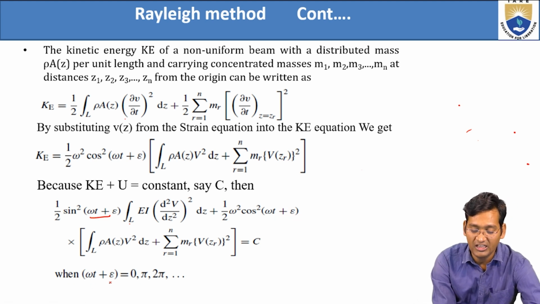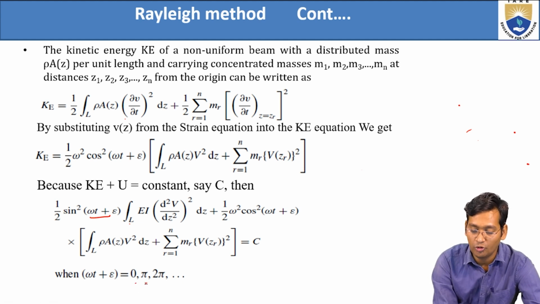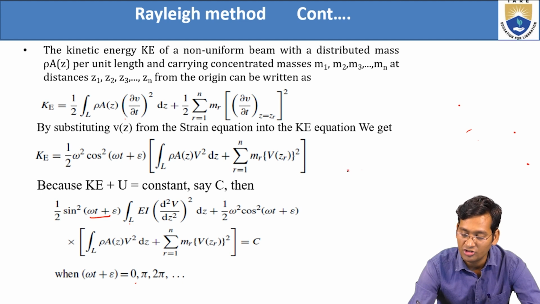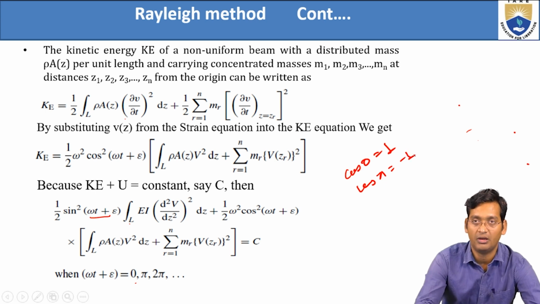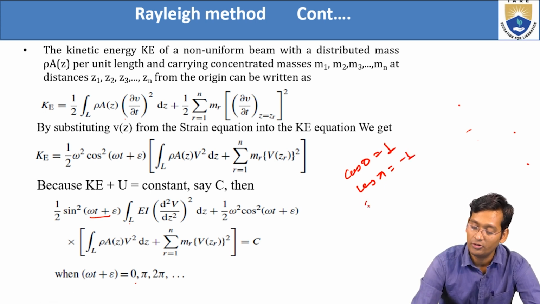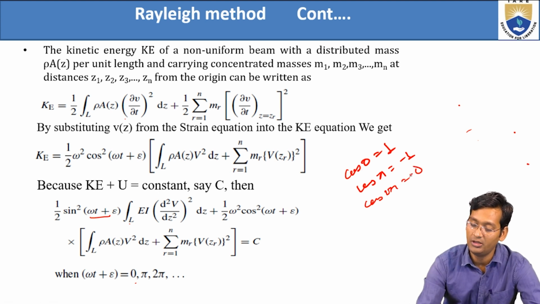So when ωt + ε is 0, π, 2π, meaning multiples of π. So when 0, π, 2π, what is cos 0? Cos 0 is 1. Cos π is minus 1, right? Similarly, cos 2π, sorry, cos 2π is 1, right?